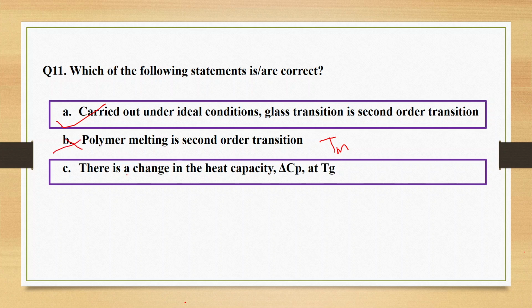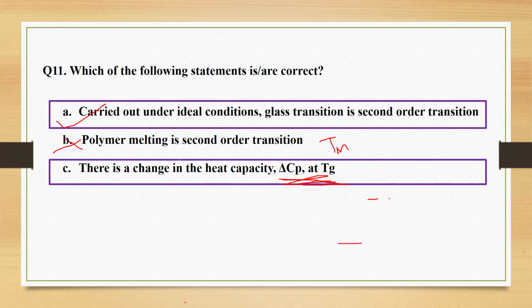The third option is that there is a change in the heat capacity, that is delta Cp, at the glass transition temperature. And what we saw in the last question is that in case of second order transition, Cp changes discontinuously and alpha changes discontinuously. This is exactly stated in this option, that there is a change in the heat capacity at Tg.